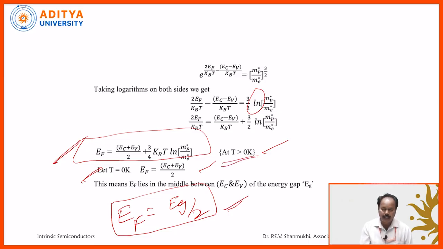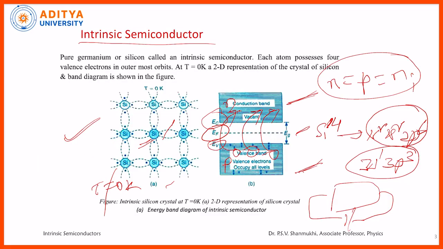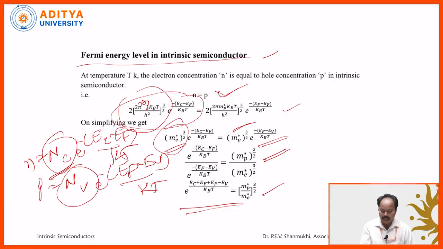At other than 0 degree Kelvin, we get Ef is equal to this expression. At any temperature other than 0 K, some electrons have been promoted to the conduction band, but the number of electrons in the conduction band is equivalent to the number of holes in the valence band. So automatically we get n is equal to p, electron density is equal to hole density.